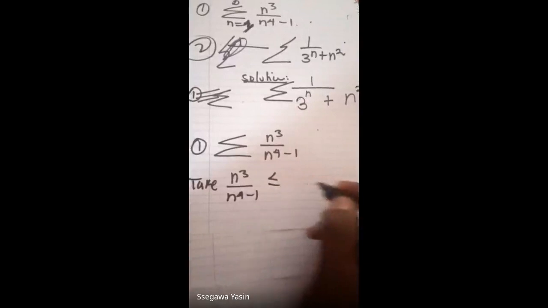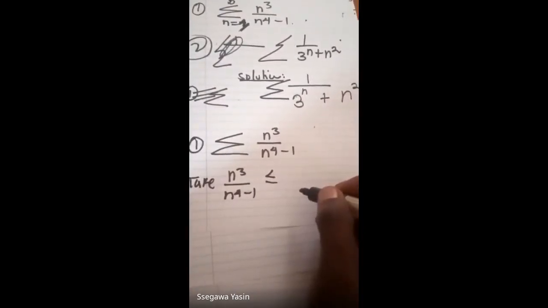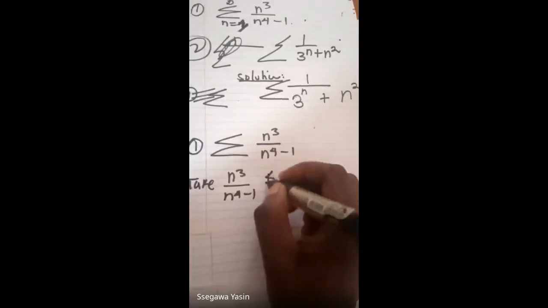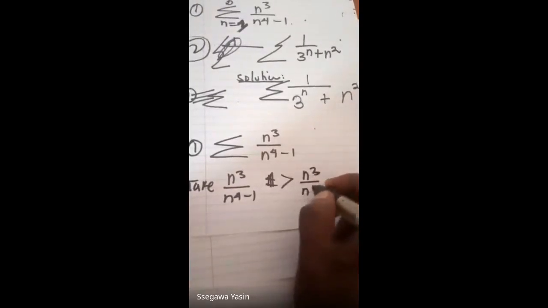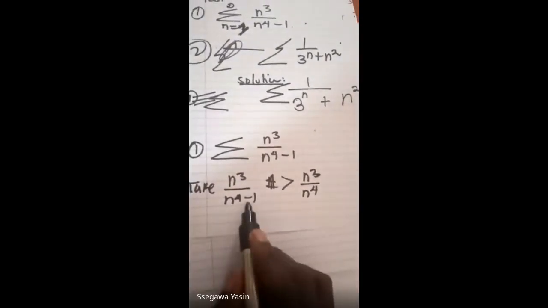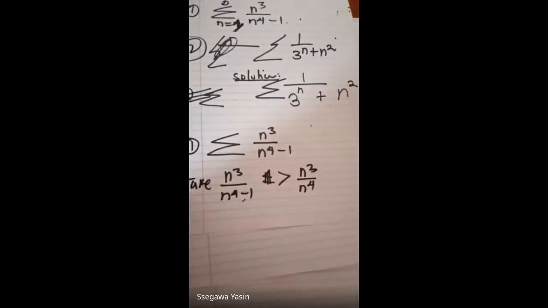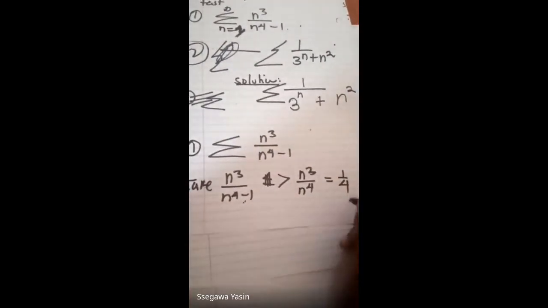This guy can be less or equal to, is it less or greater? This thing here will be greater than n cubed over n to the power 4. When I drop this, it will not be less. And this will equal 1 over n.